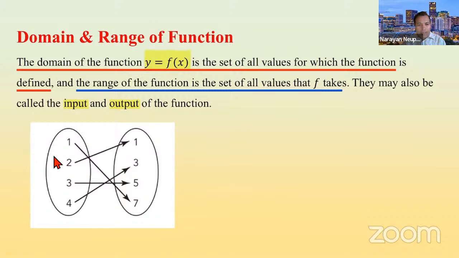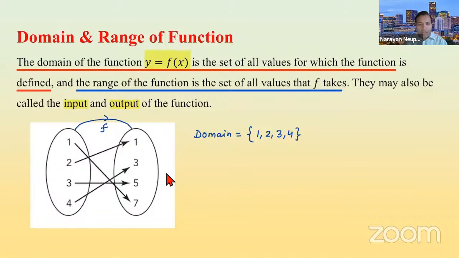For example, in the function represented here using the diagram, let's say the function from the first state to the second state is a function f. Then the domain of this function will be all input values. You can see the input values are 1, 2, 3, and 4. So the domain will be 1, 2, 3, 4.